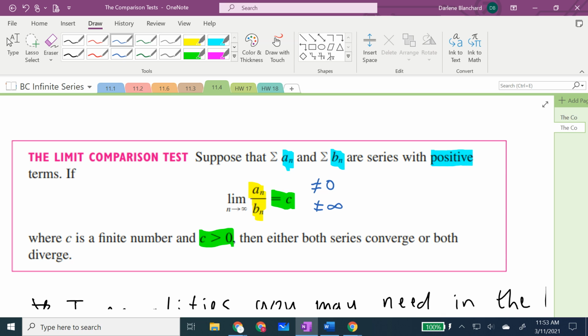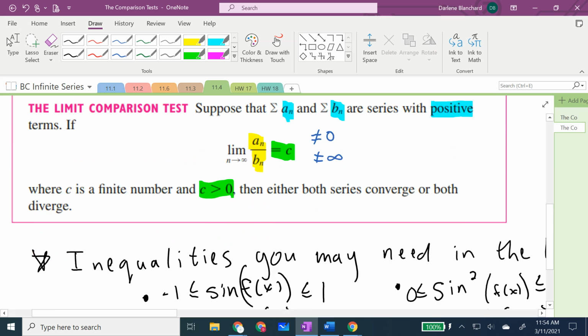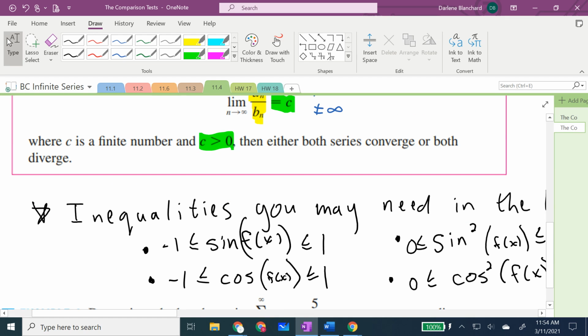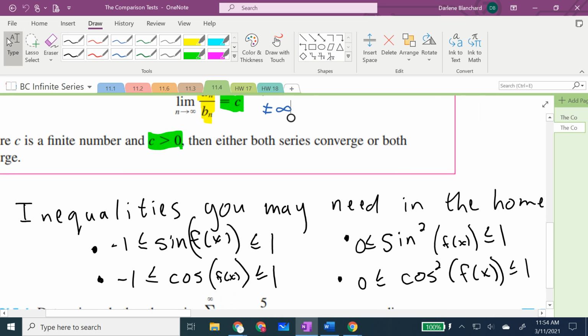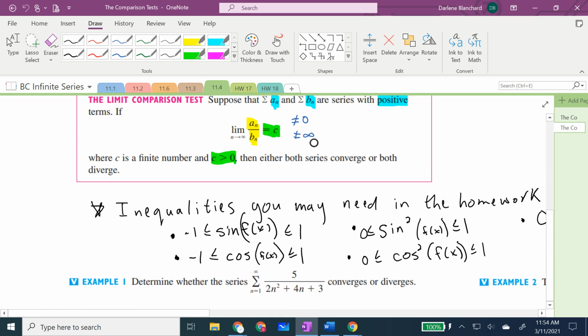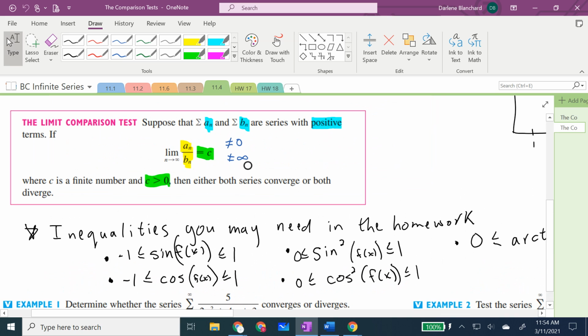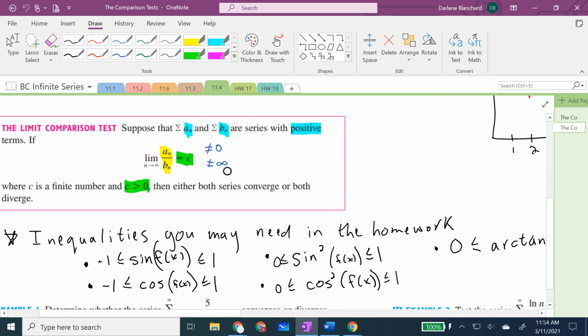So before, I wrote this down here so that I wouldn't forget to tell you these. So write these down or understand them. In your homework, these are inequalities you may need in your homework assignment that I'm not going to go over with my examples.